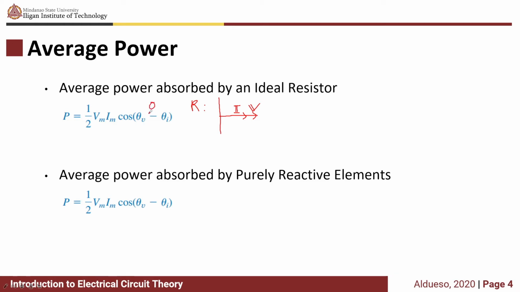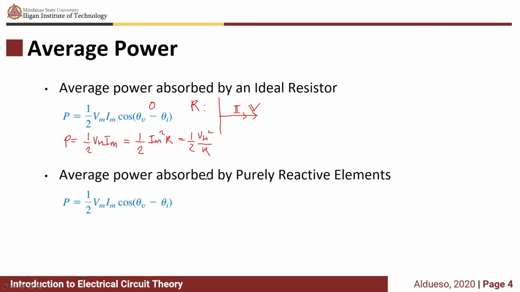The cosine of 0 is just 1. So for a purely resistive element, our average power is given by 1/2 Vm Im, or we can write this as 1/2 Im squared R, or 1/2 Vm squared over R.